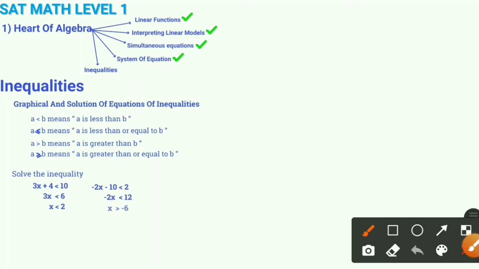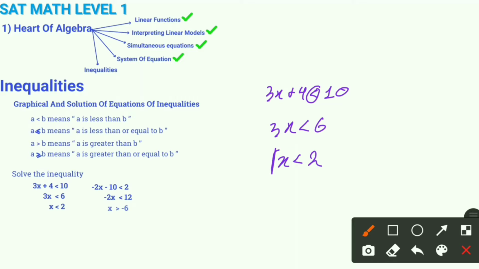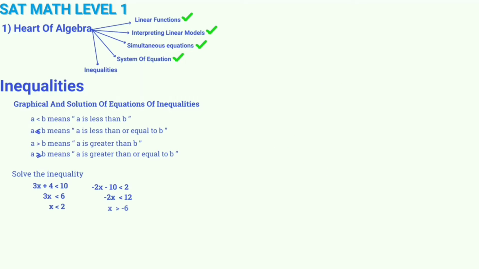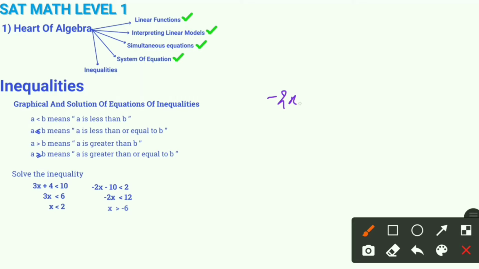If someone asks you to solve this inequality, take it as an equal sign. The 4 will go to the right side, so 3x is 6, and then 6 divided by 3 is 2. 2 is the answer. Let's say we have another inequality, minus 2x minus 10 less than 2. The 10 will go to the right side, so it becomes positive, so minus 2x less than 12.